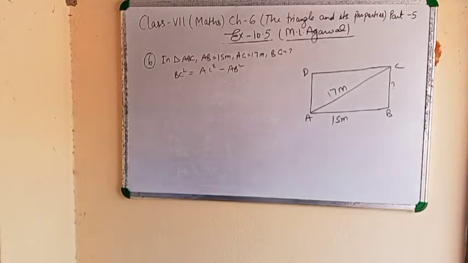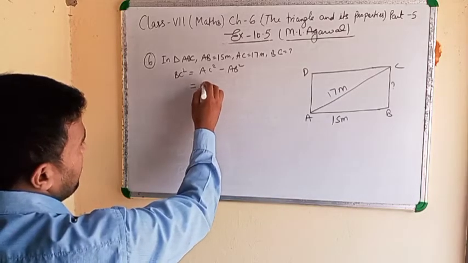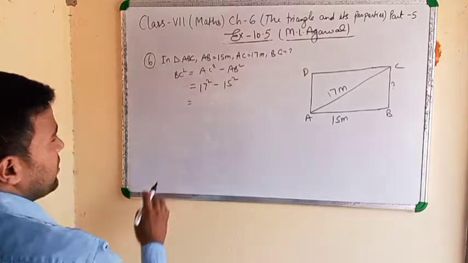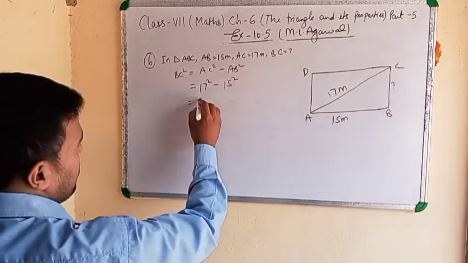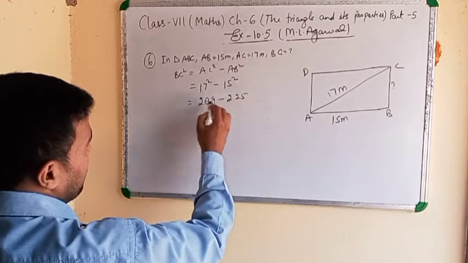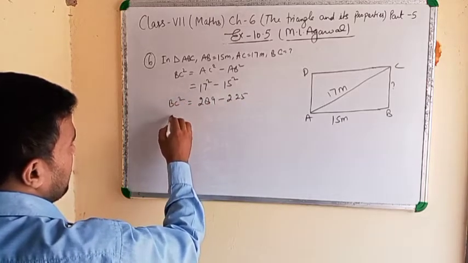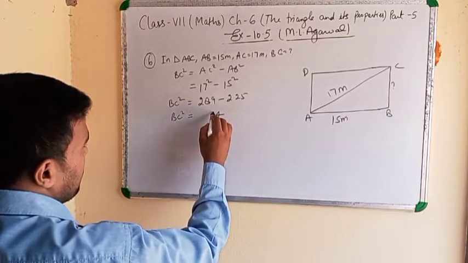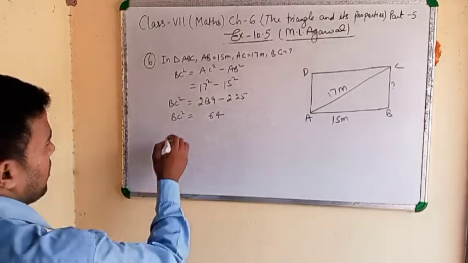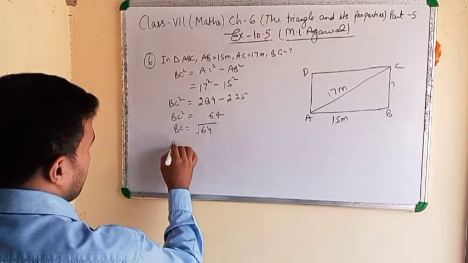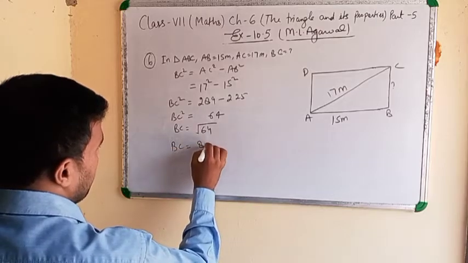Means P square equal to H square minus B square. AC means 17 square minus 15 square. 17 square means 289. 15 square means 225. Then BC square equal to 64. So BC equal to square root 64. Then BC equal to 8 meters.